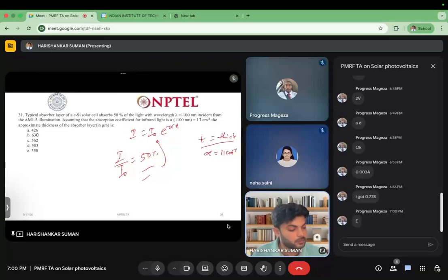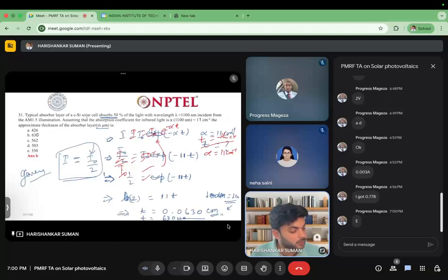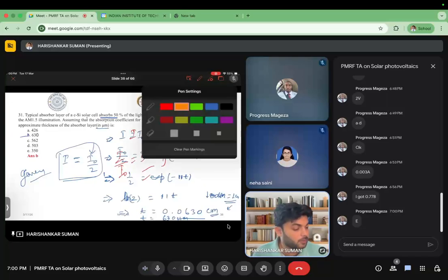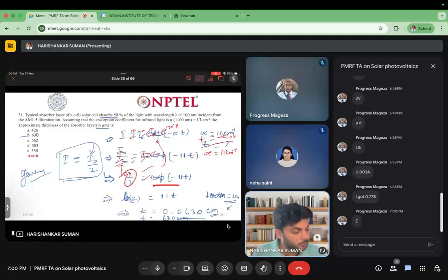No, B will be the answer. I by I naught you have to put half. Half equals e to the power minus 11t, and when you solve this, you have to find ln2, and ln2 divided by 11 you will get this number, 630 micrometer.